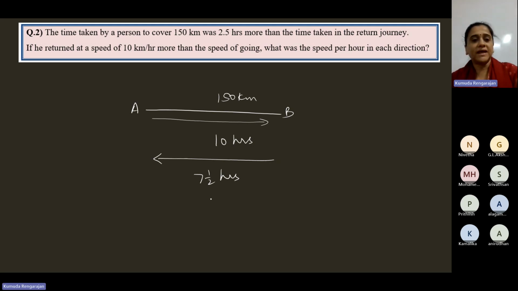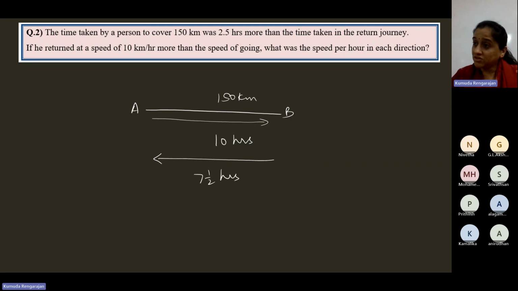The time taken by a person to cover 150 kilometers was 2.5 hours more than the time taken in the return journey, if he returned at a speed of 10 kilometers per hour more than the speed of going.